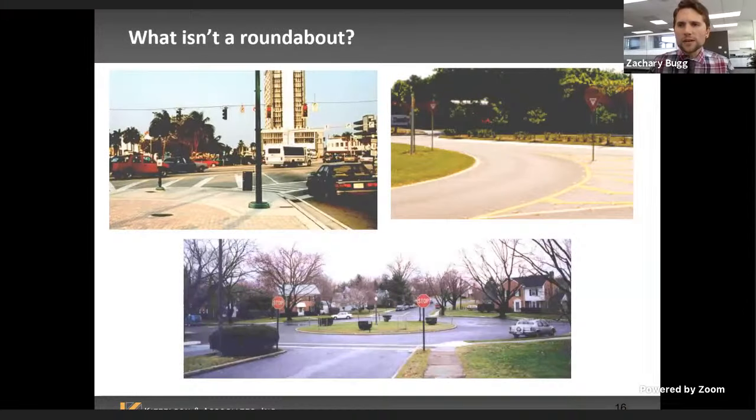So a few other examples of what isn't a roundabout. You see some different traffic control devices here. Maybe we can test a little bit of the interactive portion of this webinar. Does anybody have an idea of why the yield control works a little better, in terms of capacity, than putting something up like a stop sign or a traffic signal at these types of intersections?